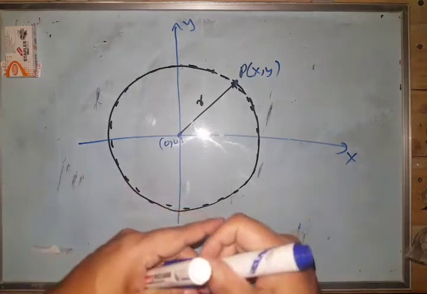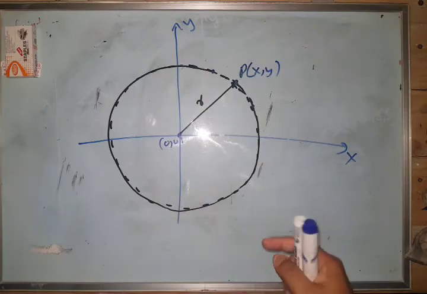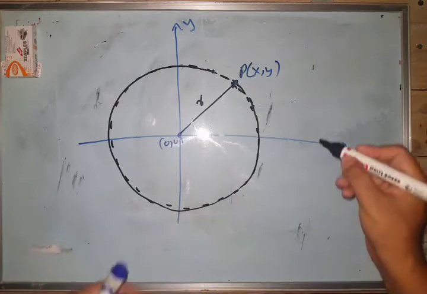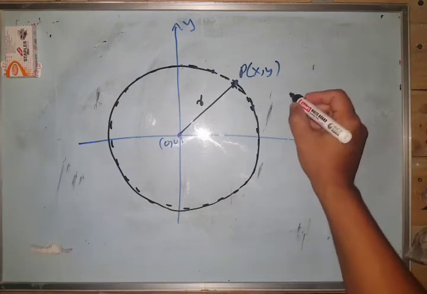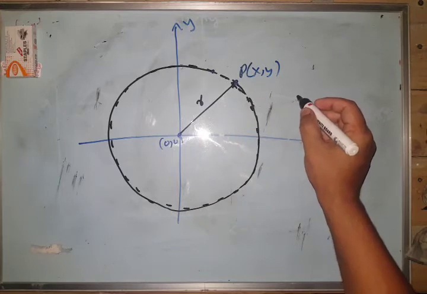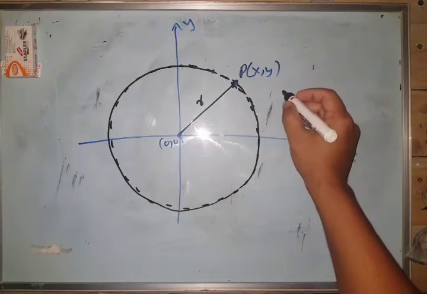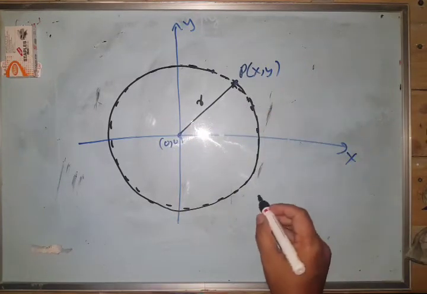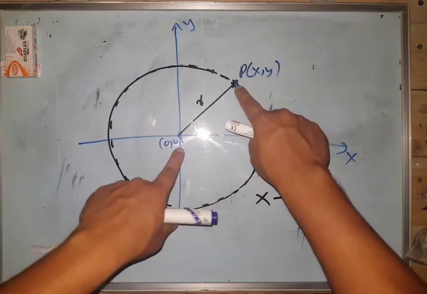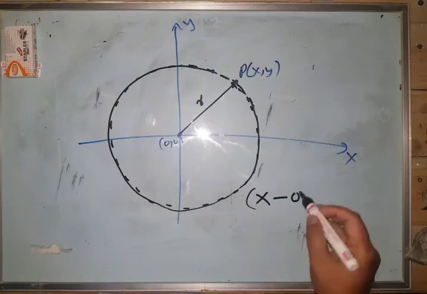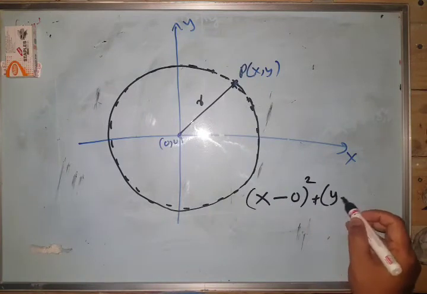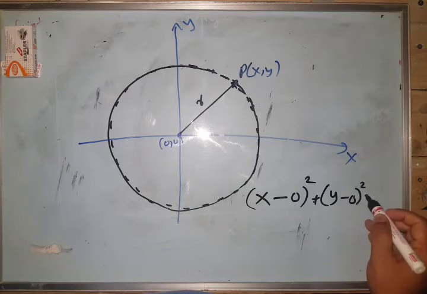In a Cartesian plane, you know how to obtain the distance between two coordinate points. The distance is obtained by the difference in x coordinates squared plus the difference in y coordinates squared.